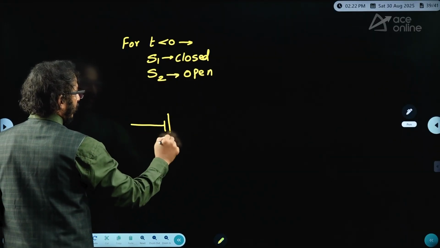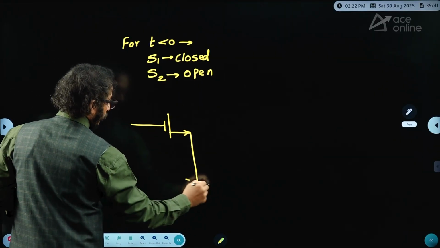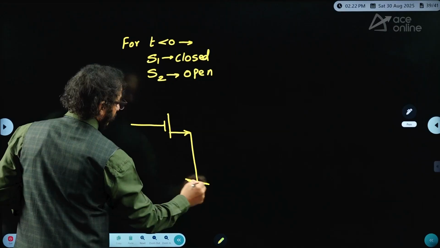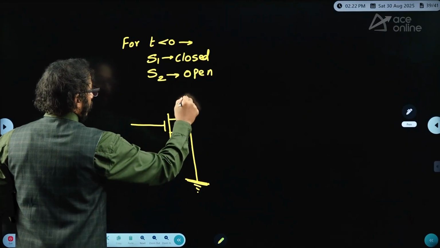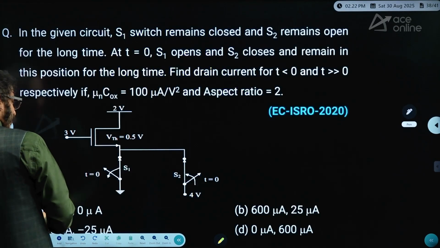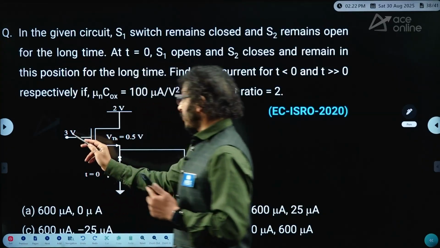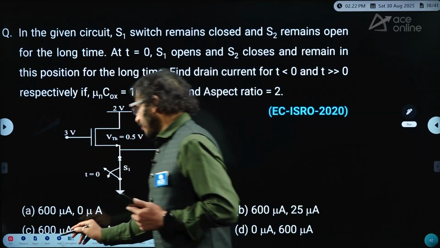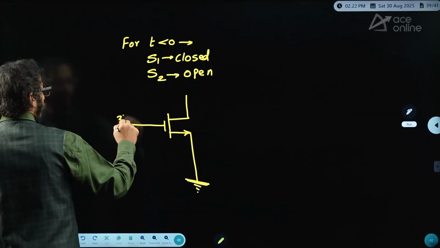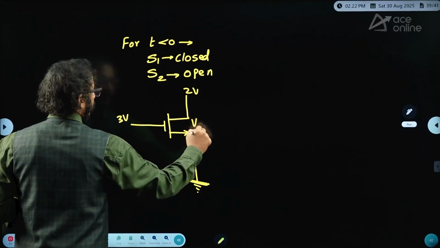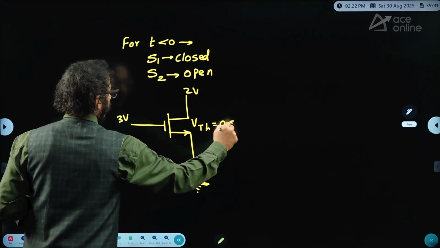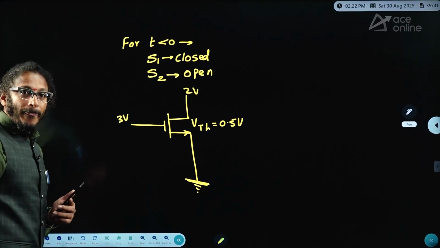So for the MOSFET, this is closed. What is the voltage? Here it is 3 volt and that is 2 volt, and the threshold voltage is given as 0.5 volt. It is an NMOS.